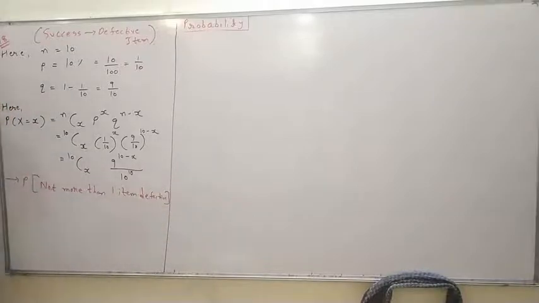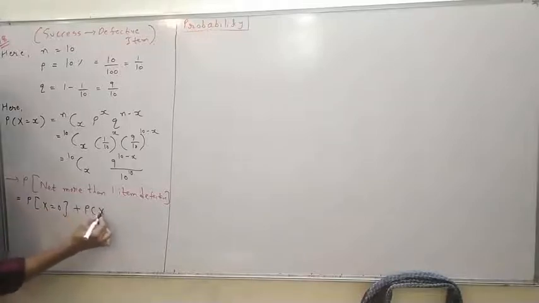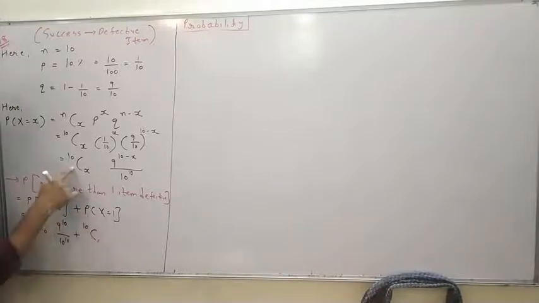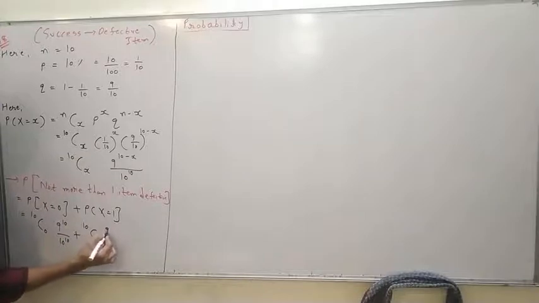Means either 0 items will be defective or 1 item will be defective, means P(X=0) plus P(X=1). When you substitute x equals 0, that is 10C0 into 9 raised to 10 upon 10 raised to 10, plus when you substitute x equals 1, means 10C1 into 9 raised to 9 upon 10 raised to 10.